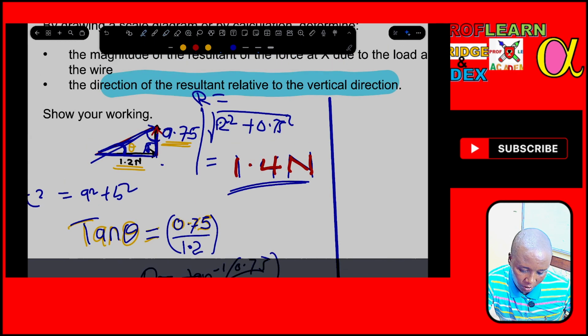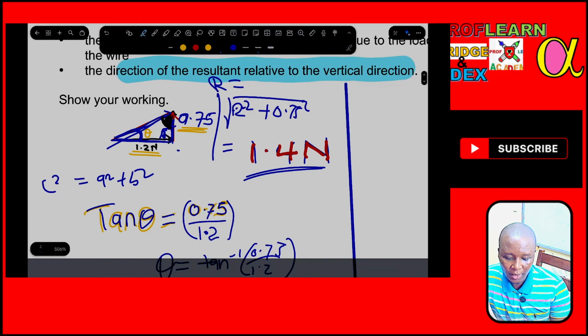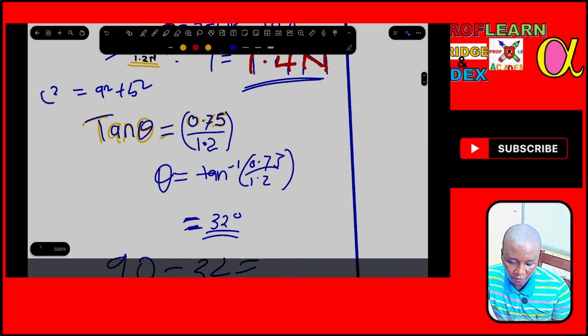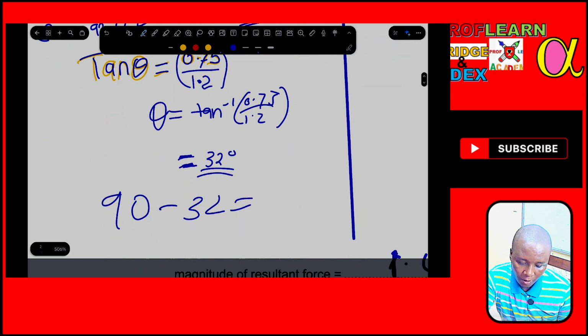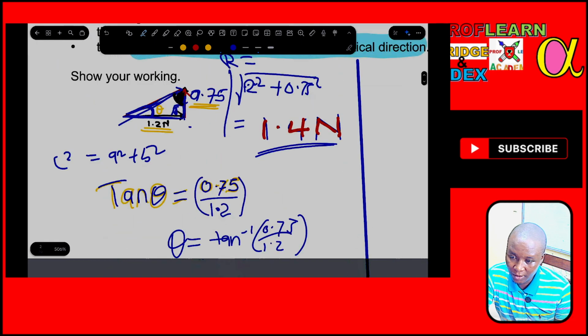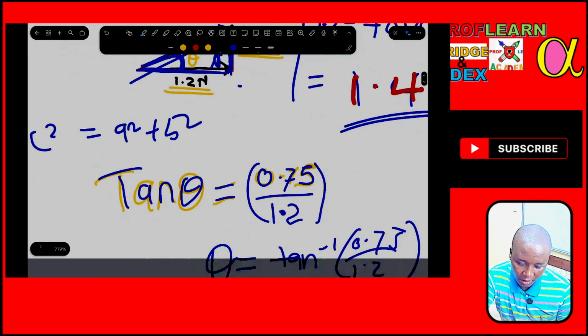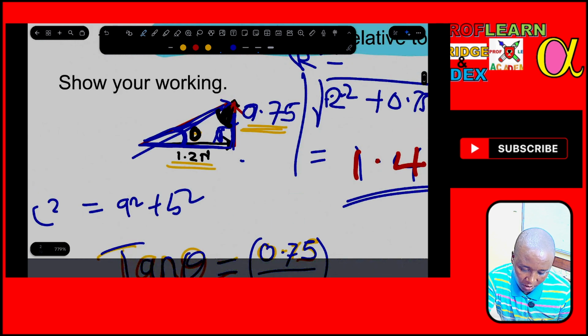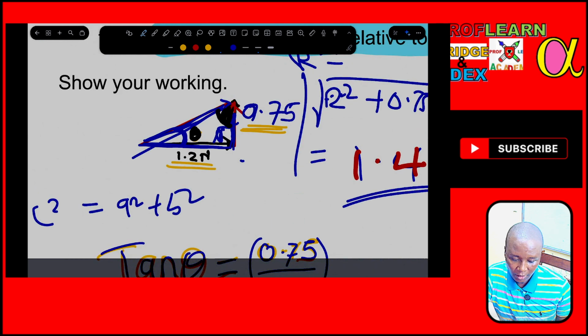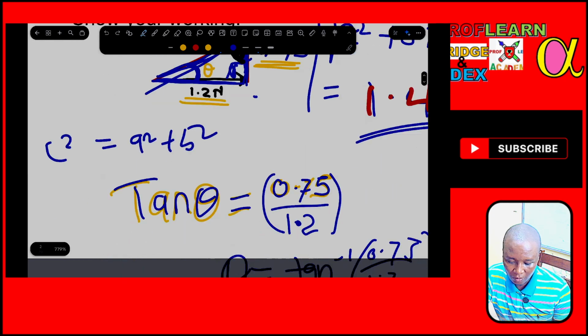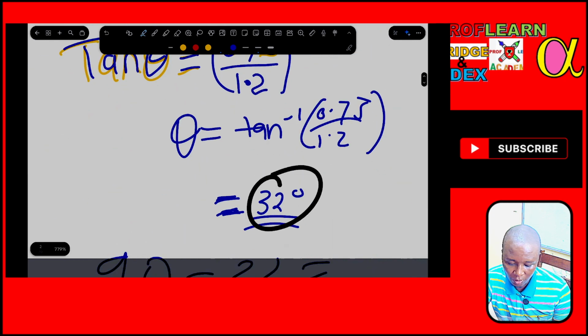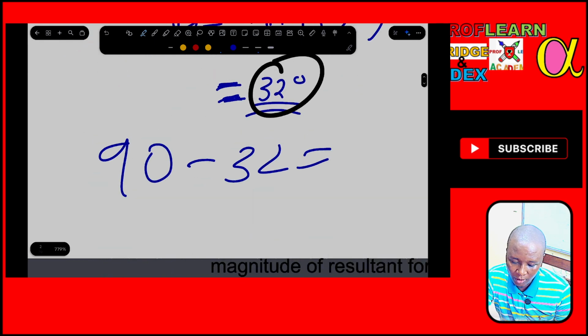For you to work out that angle, you can find theta and then subtract it from 90, because I found this angle theta in the first place. I worked out this theta, which is 32, and subtracted it from 90 to get 58 degrees, which is the required angle.